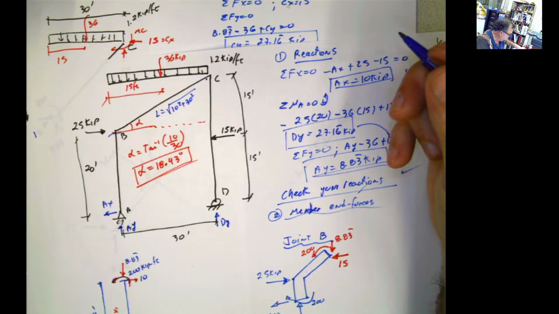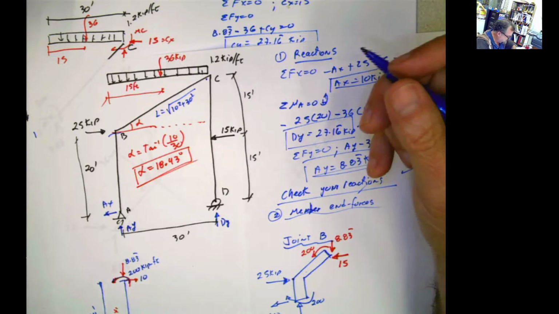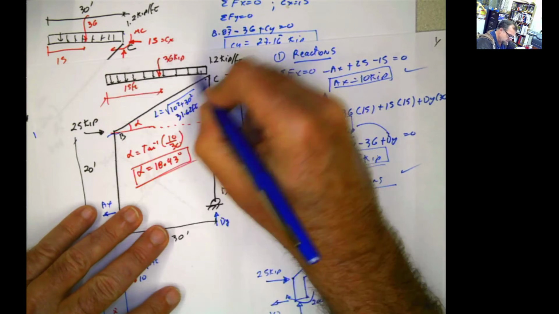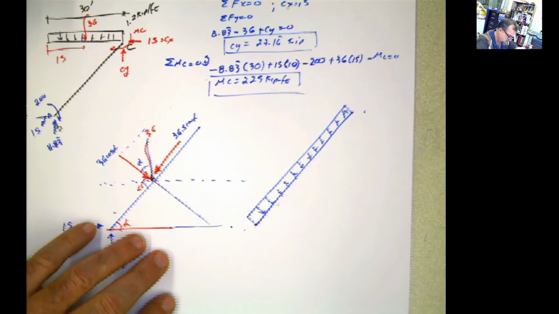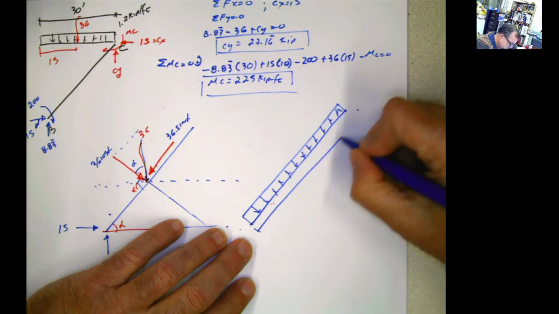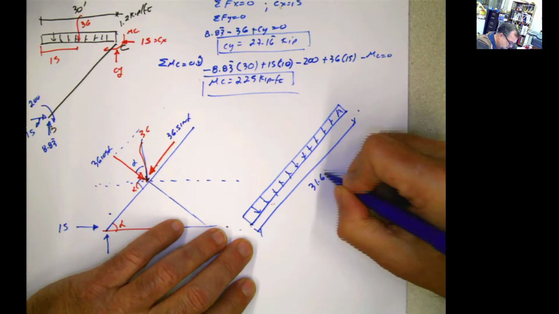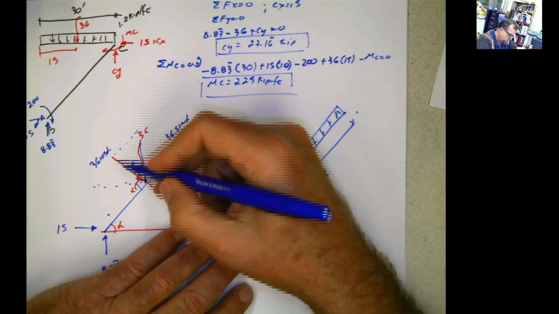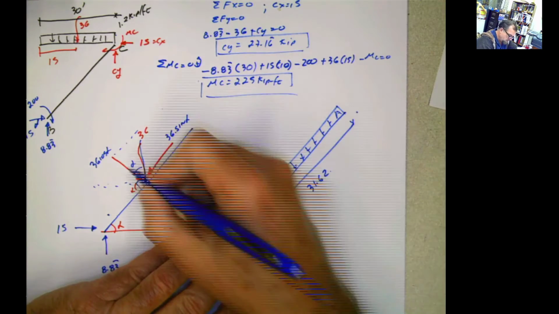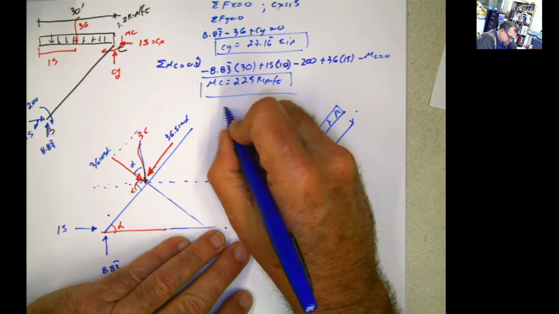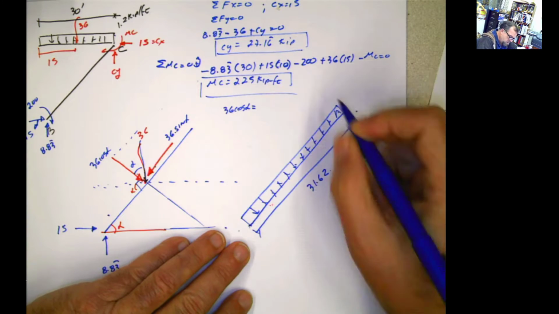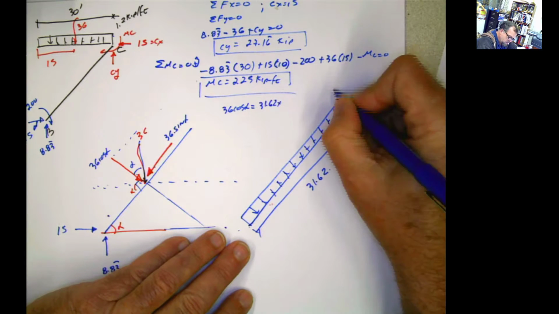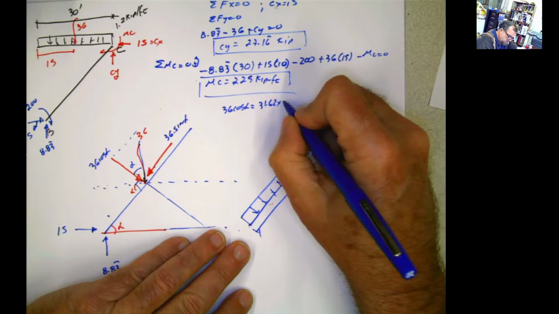Meaning that length is going to be 31.62 feet. That's that length over there. So this distance is 31.62. Now what you do here basically is the opposite of what you did when you calculated that. My resultant force, 36 cosine alpha, has to be equal to the area of this, and the area of this is 31.62 multiplied by the value of the distributed load.